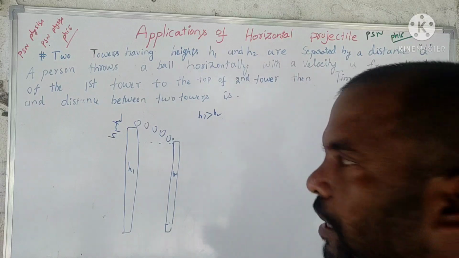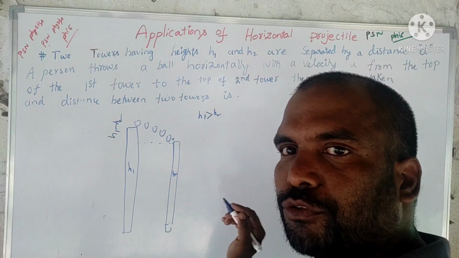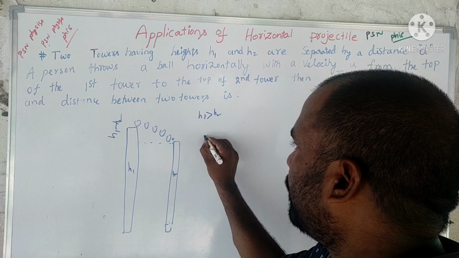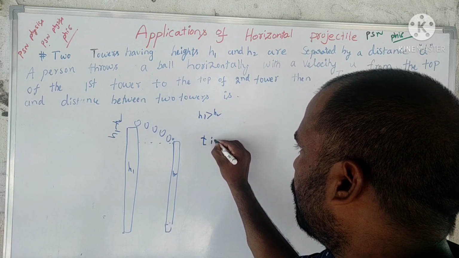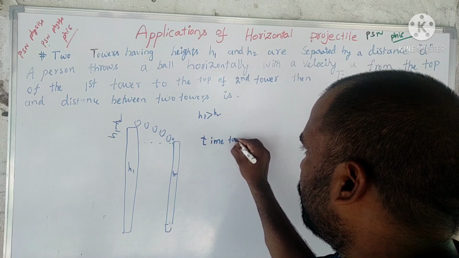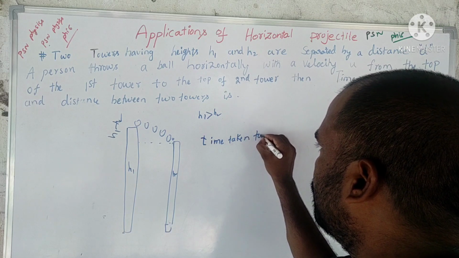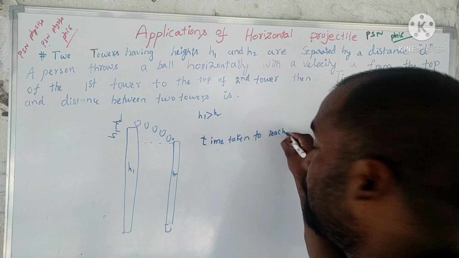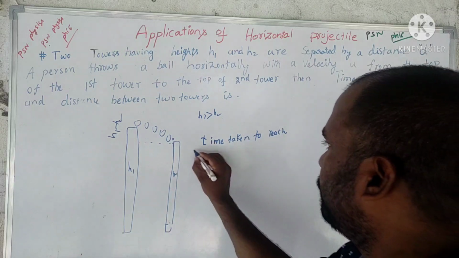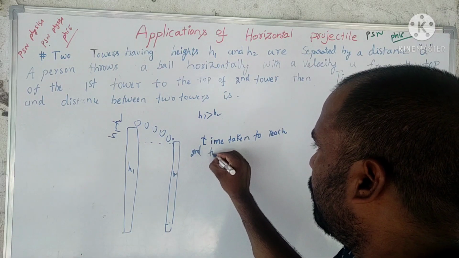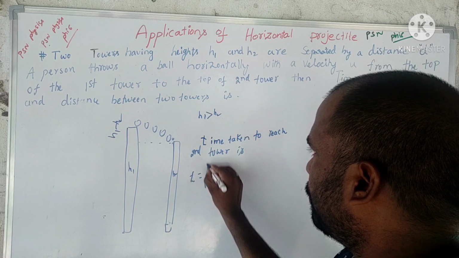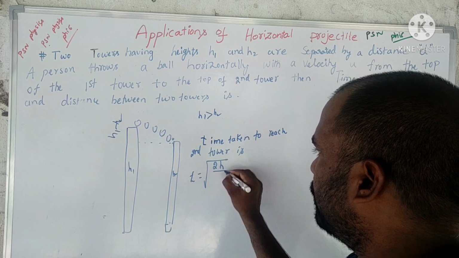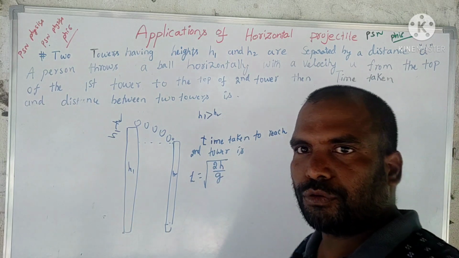That's why we use the formula in horizontal projectile motion. We know the formula: the time taken to reach the ground, or the time taken to reach the second tower, is T equal to root 2h by g.